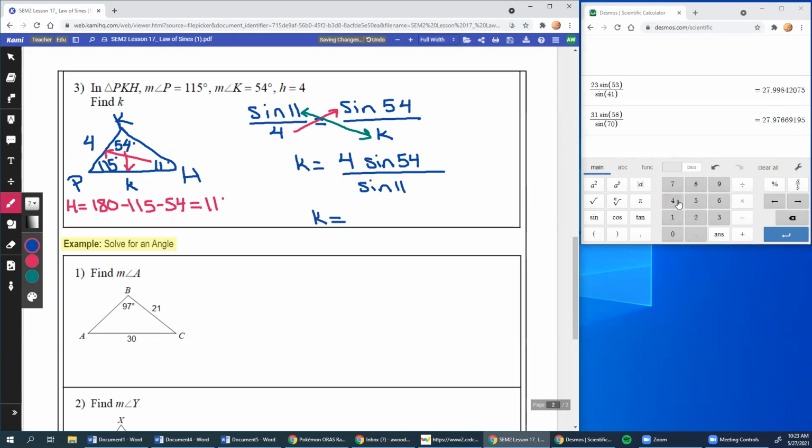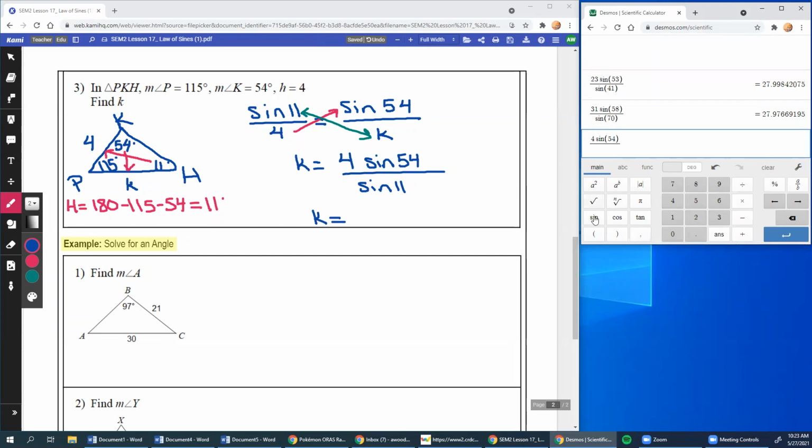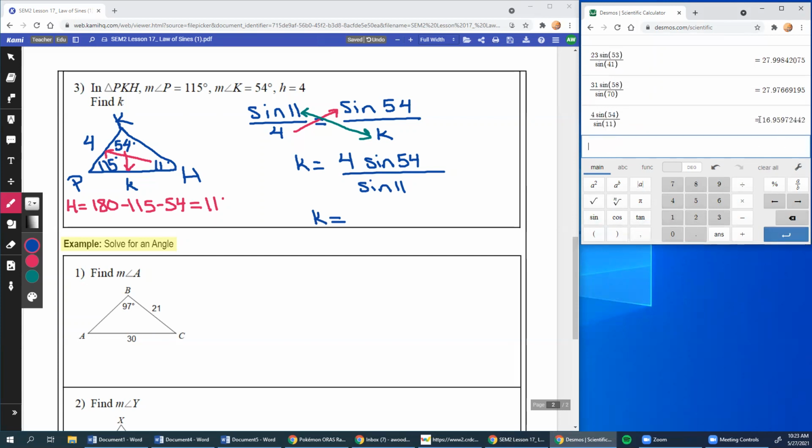Now calculator time for sine 54, close parentheses, divided by sine 11. And it's equal to 16.959. So we are just going to make it a nice 17.0. So that is how we solve for a missing side using the law of sines.